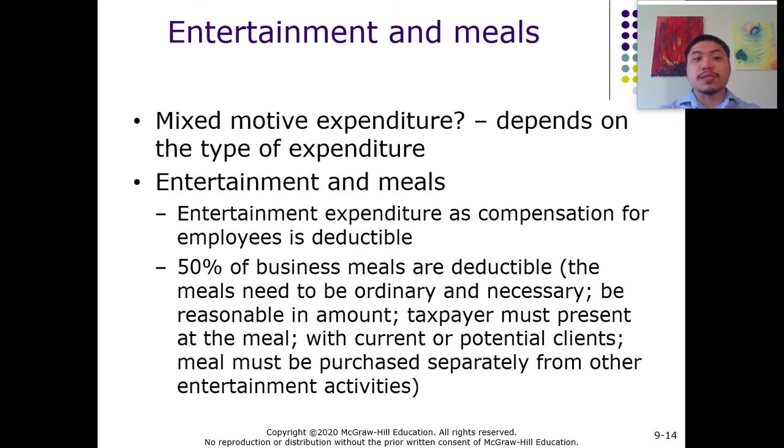First, let's talk about entertainment and meals. For entertainment expenditures, the taxpayers can deduct those expenditures if the entertainment activities can be treated as compensation for the employees.